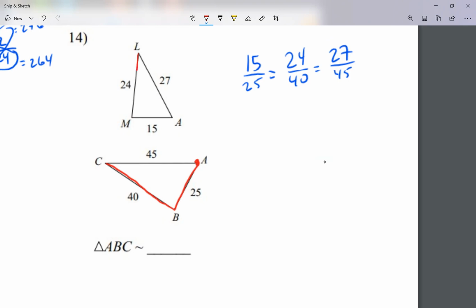So that's those two sides. Where did I start? So I crossed the small side first and then the medium side. So that means I started from over here. So I'm gonna complete this as AML. So triangle ABC is similar to triangle AML by side-side-side.